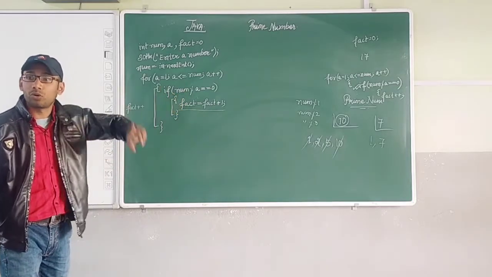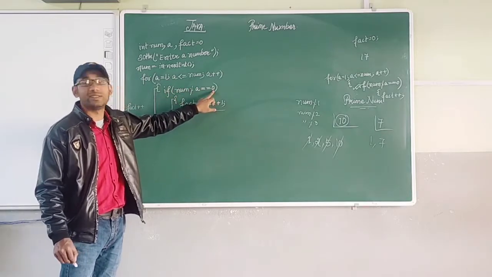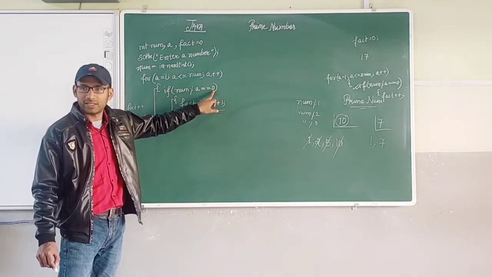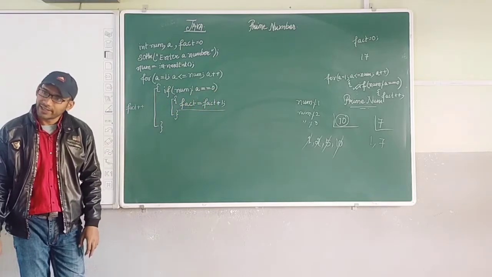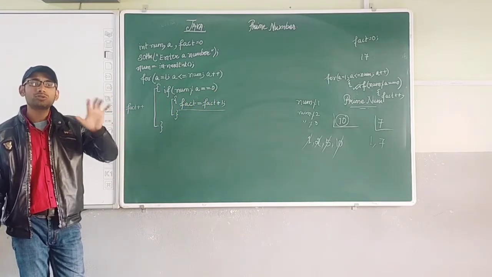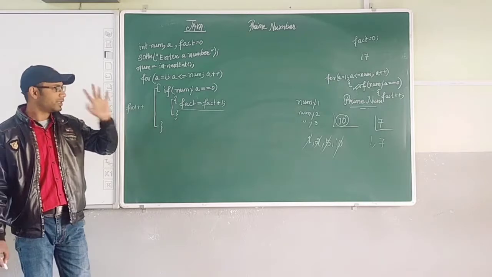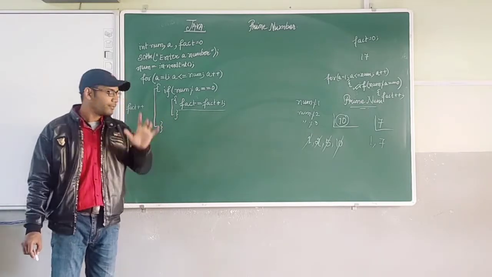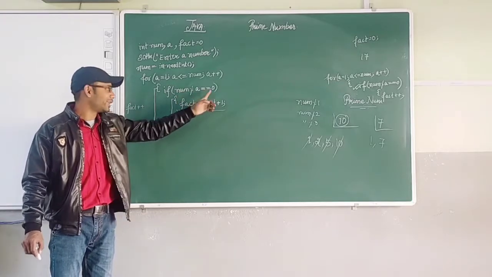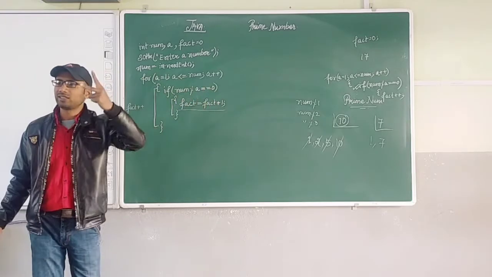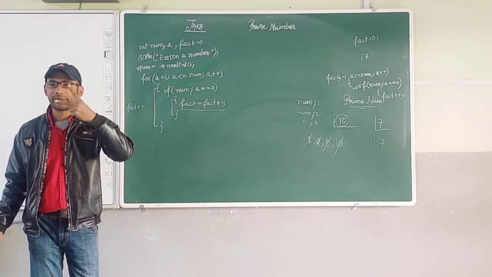They will throw a remainder. Remainder will not be 0. Only 1 and 17 will completely divide num and remainder will be 0. That means condition will satisfy only twice.